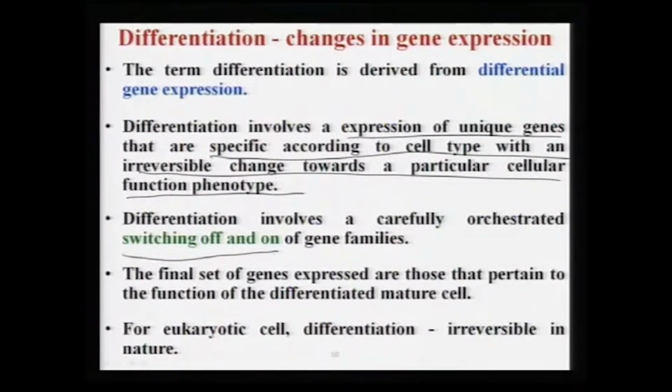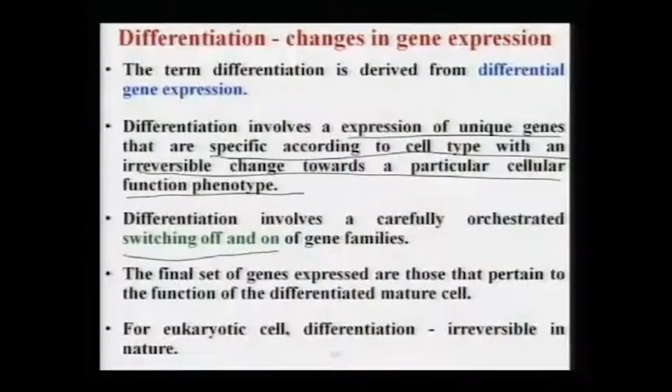What it means is that many genes are inactive, but the moment they get a certain signal for cell differentiation to take place, those inactive genes are switched on. So they become active. Once the differentiation process is over, they again become inactive. So it goes through a switching off and switching on type of process.